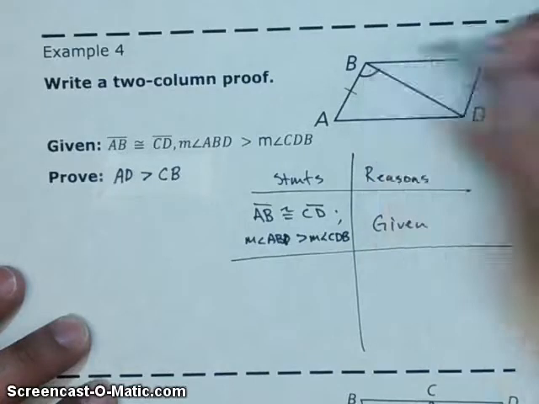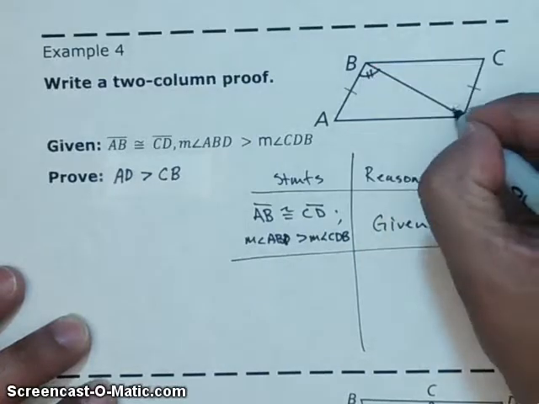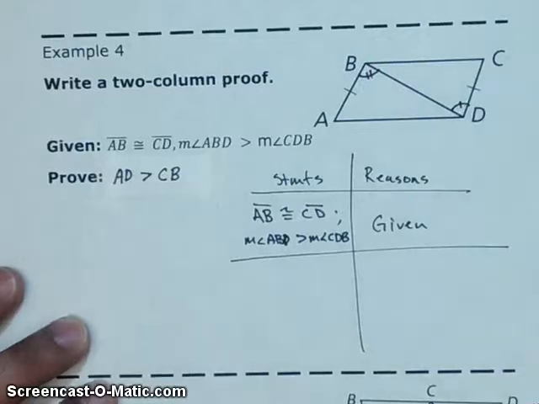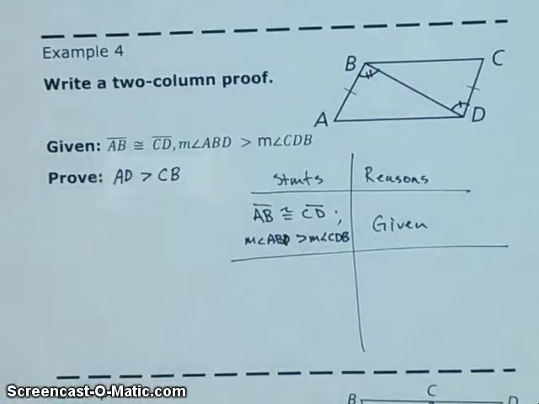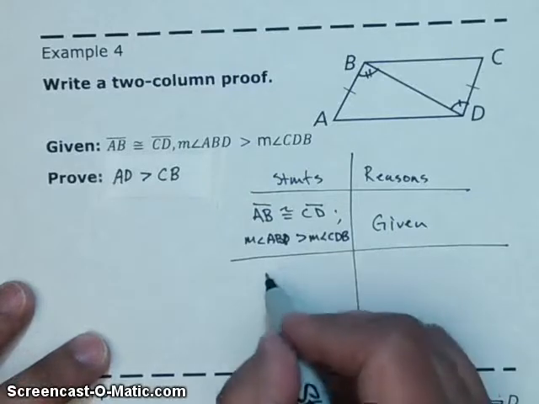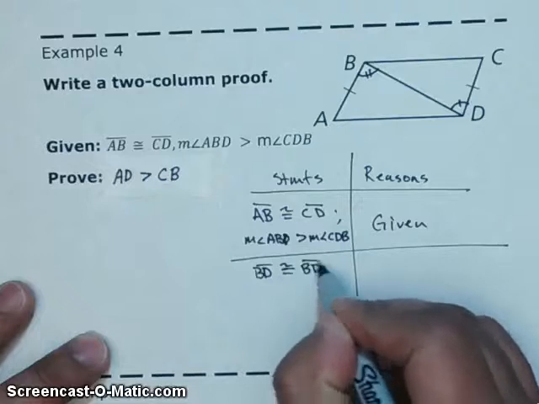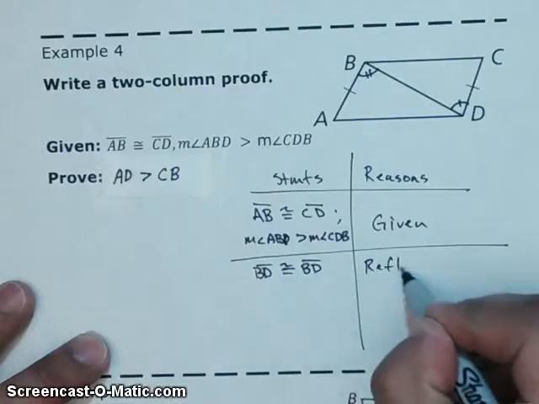So what I'm going to do is put this little arc, and I'm going to put 2 so that I know that that one is the bigger one. And I'm going to put 1 there so I know that that one is the smaller one. Alright, and then I have to say that segment BD is congruent to segment BD because of the reflexive property.